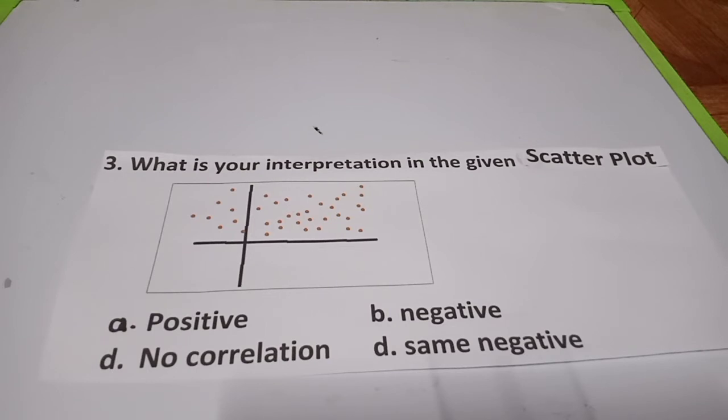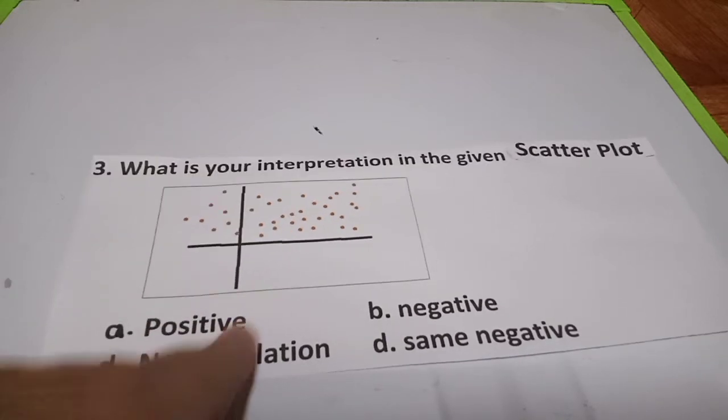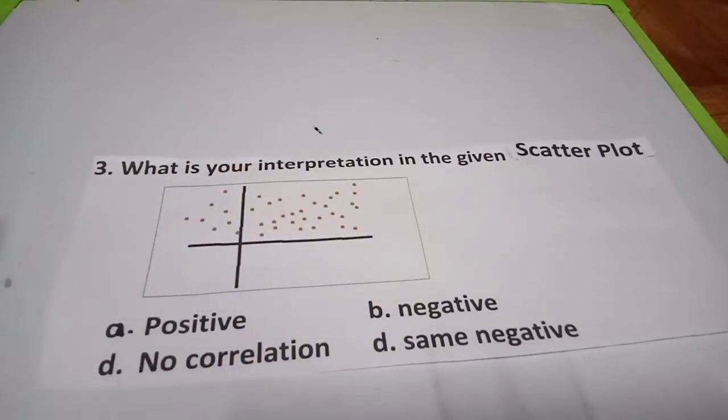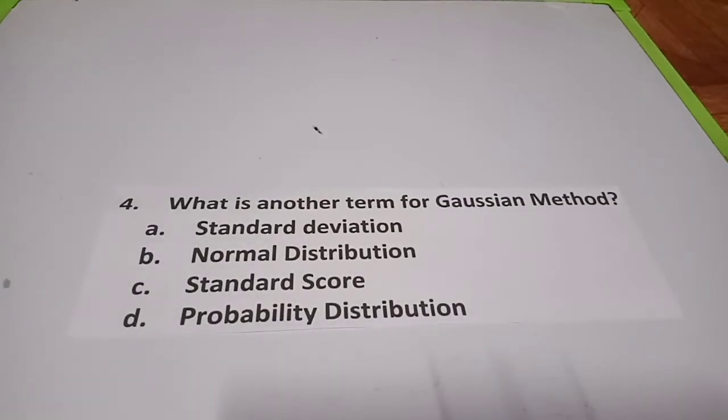If you look at the computation and there is no correlation, it means there is no interpretation for that value. So that will be no correlation if you look at the dots and it is a very scattery figure.